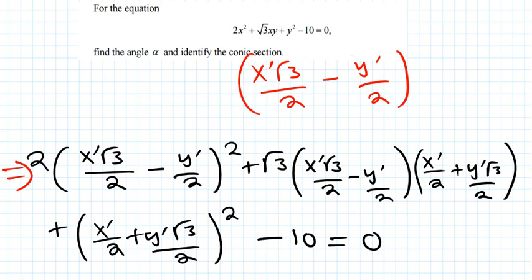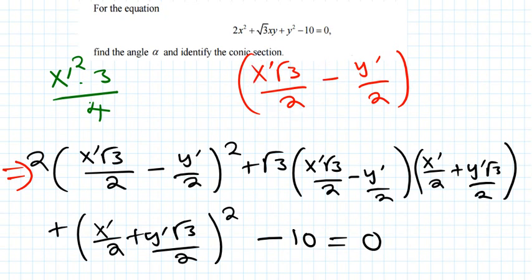So multiplying by itself, the first part, if you multiply this by itself, we're going to have x prime squared. Root 3 by root 3 is just going to give us a 3, and then 2 multiplied by itself is going to give us a 4, right? Okay, so that's when you multiply this by itself.